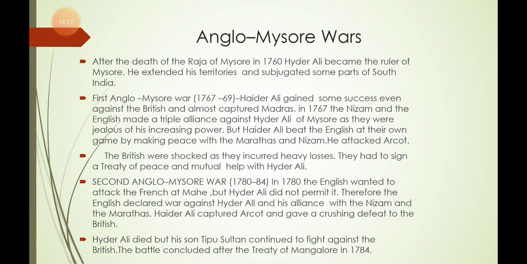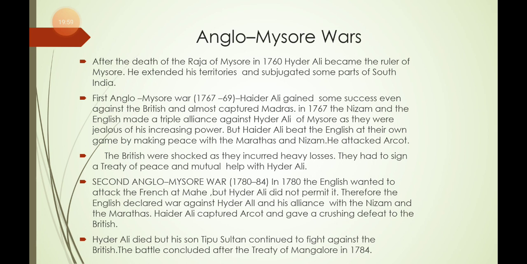A treaty was signed between the British and Tipu Sultan, known as the Mangalore Treaty, in which both parties decided to restore each other's conquered territories and set the prisoners free.